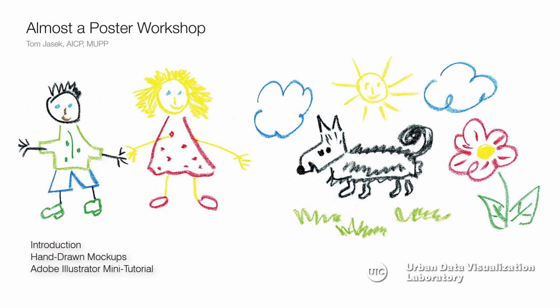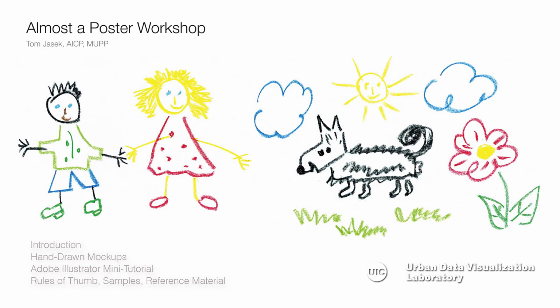You don't have to do your poster in Adobe Illustrator, but it's the application that most design professionals would probably choose. And we'll finish up by looking at some successful examples of former student work from prior classes that I've taught, and list some of the resources that are available for you moving forward.